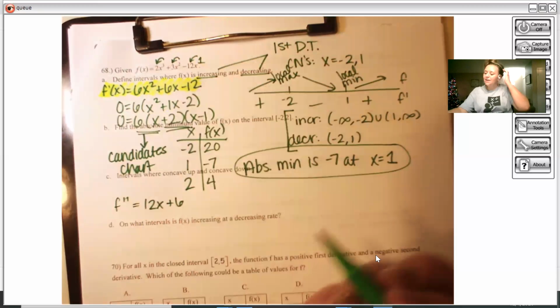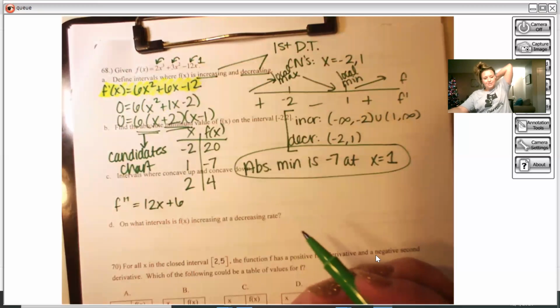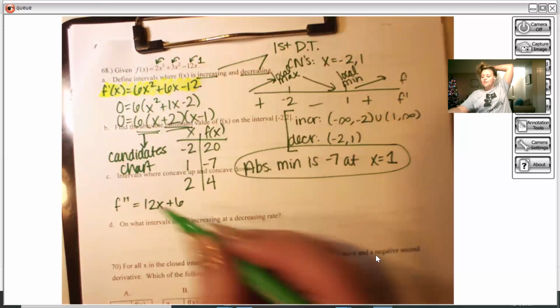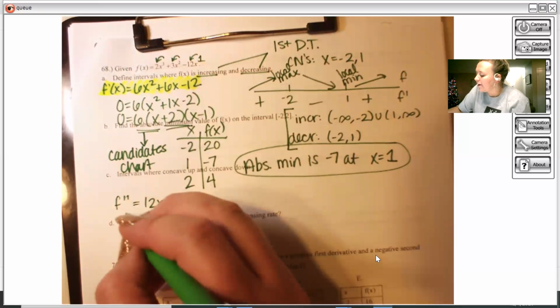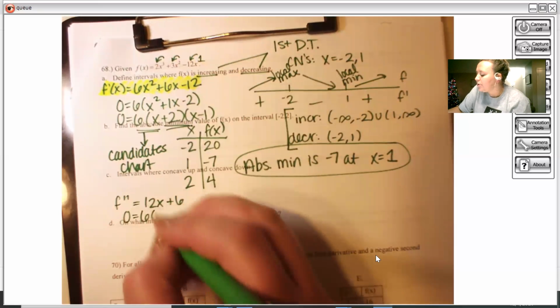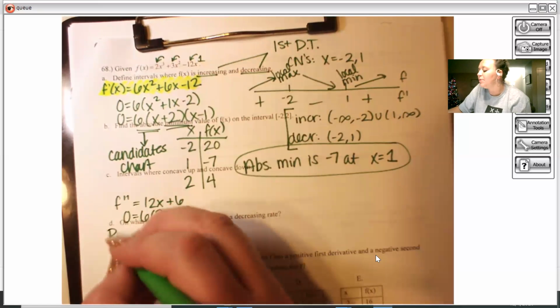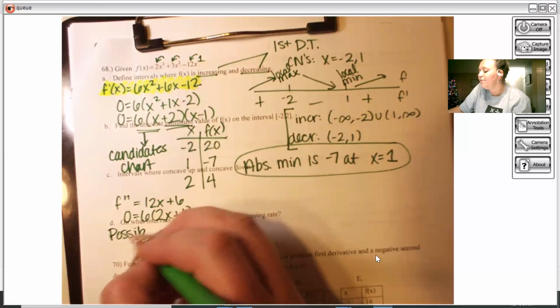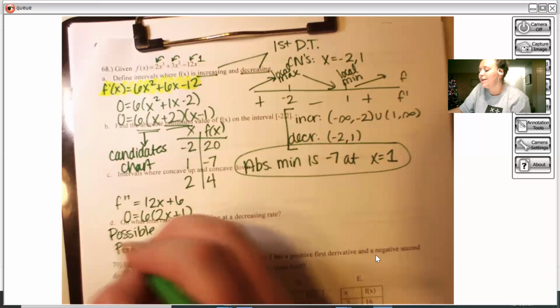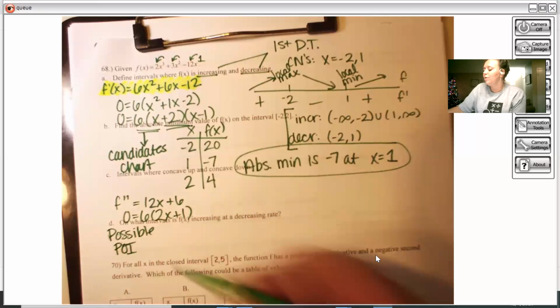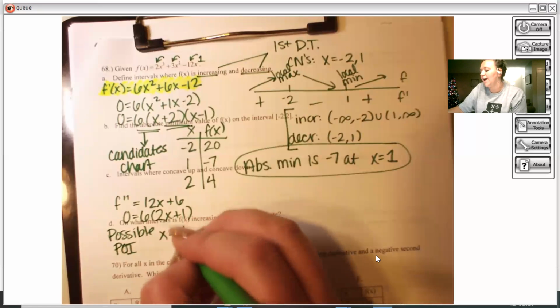And then the derivative of -12 would just be 0 because it's a constant. Then from there, set it equal to 0, take out a 6. You have a 2x plus 1, which means your possible point of inflection, I don't know if you remember us calling it a PPOI, would be at x equals -1/2.